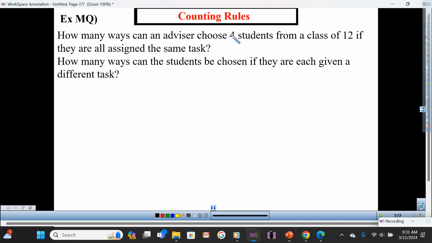Which formula? Combination or permutation? That is correct. C n r. Look at the second question. How many ways can students be chosen if they are each given a different task? So this one is what, everyone? Permutation. All right, so find me both. First for the first question, then the second.